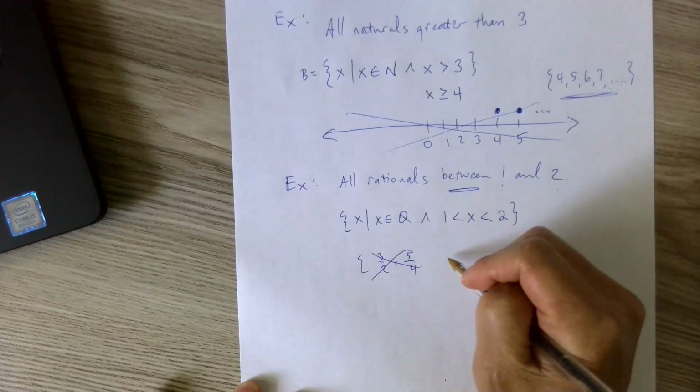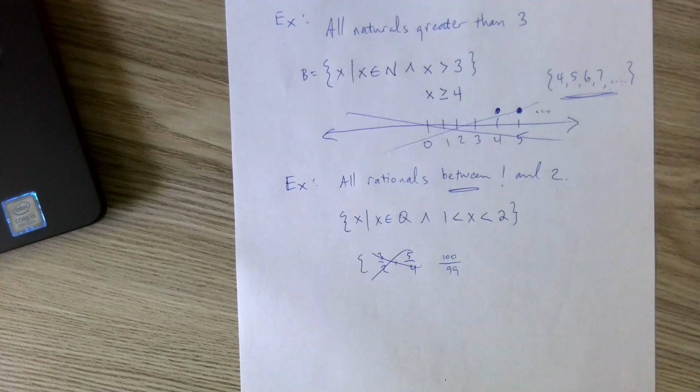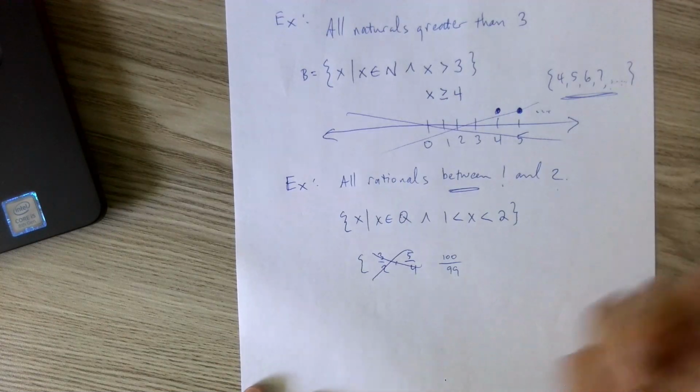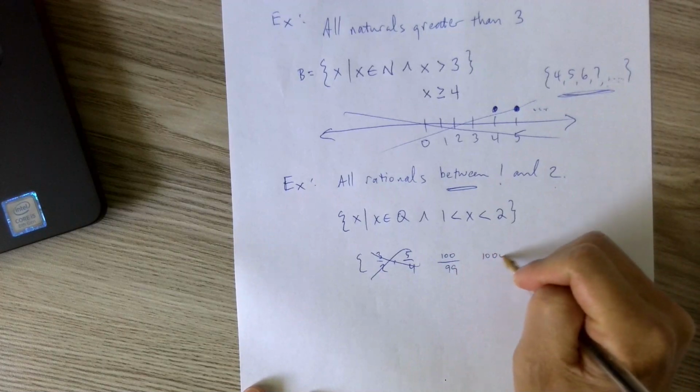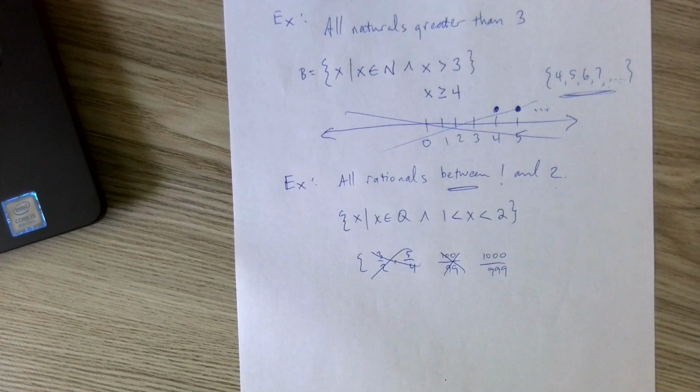How about if I start with 100/99? That's really close to 1. Well, I could think of one that's even closer to 1. 1000/999. That's even closer. But I can keep doing this. I can keep picking numbers that are closer and closer to 1, and I will never find the closest number to 1, the closest rational number.